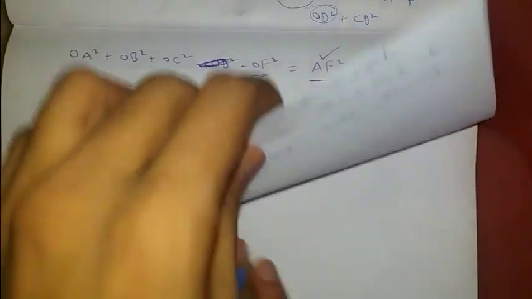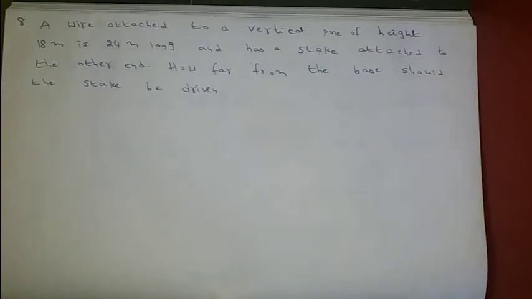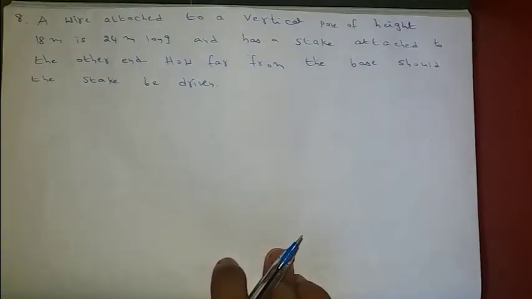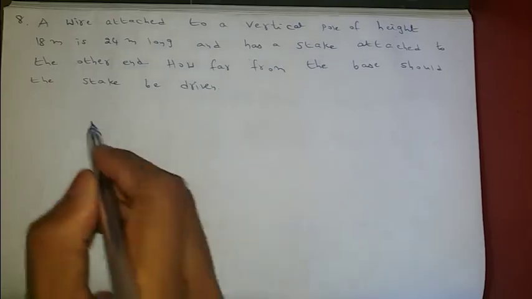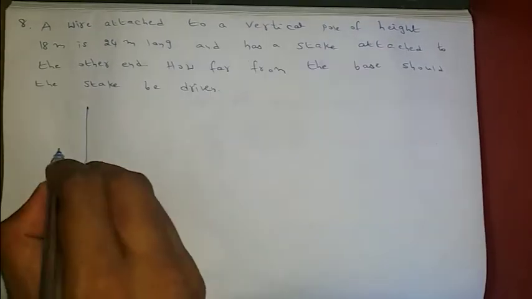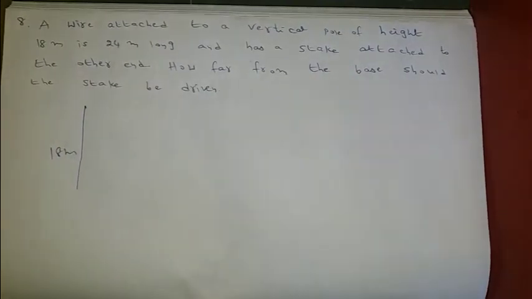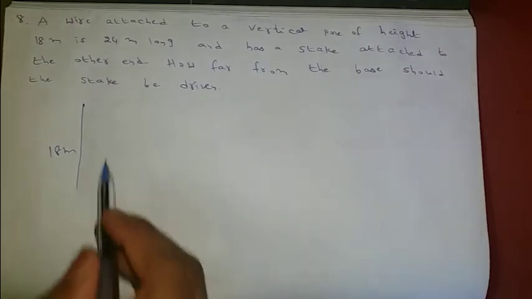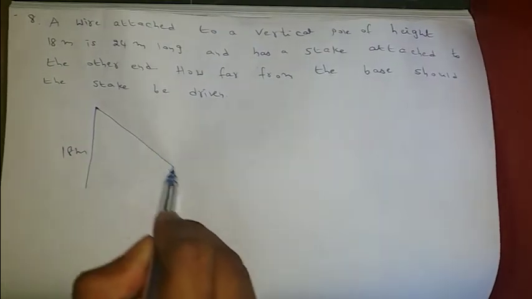Okay, let's move to the next question. A wire attached to a vertical pole of height 18 meters. One vertical pole is 18 meters, and they are tying one wire to it.